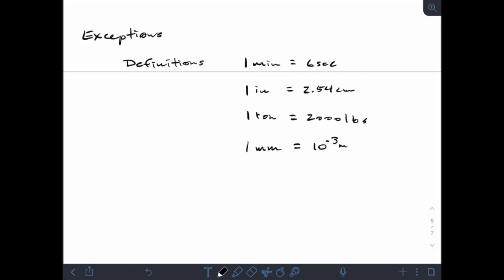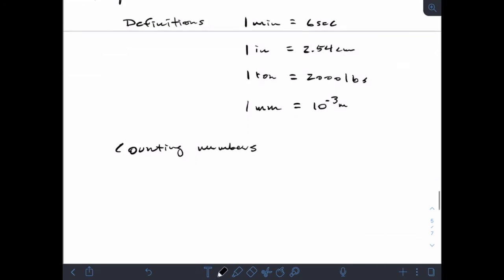Okay, the other thing that falls into that category are counting numbers. Right, so things like 6 faces to a cube, or to be more chemistry oriented, 2 hydrogens per water molecule.